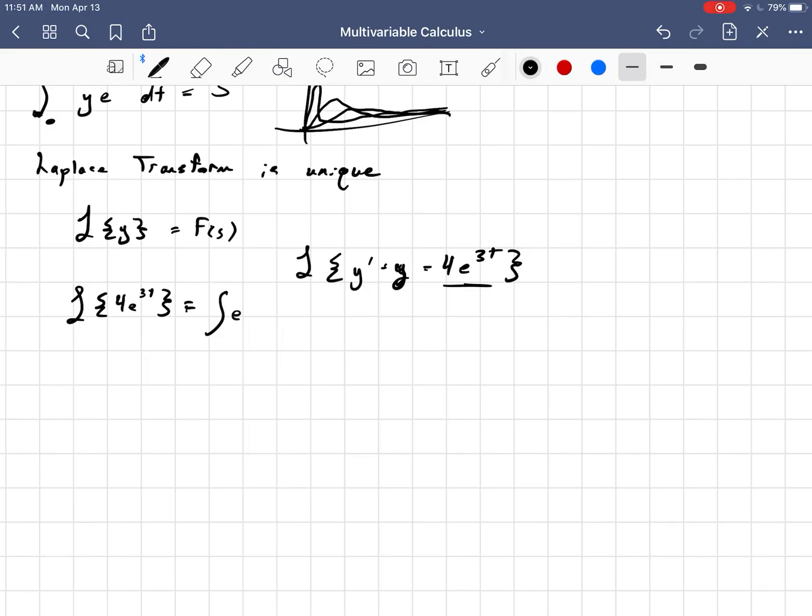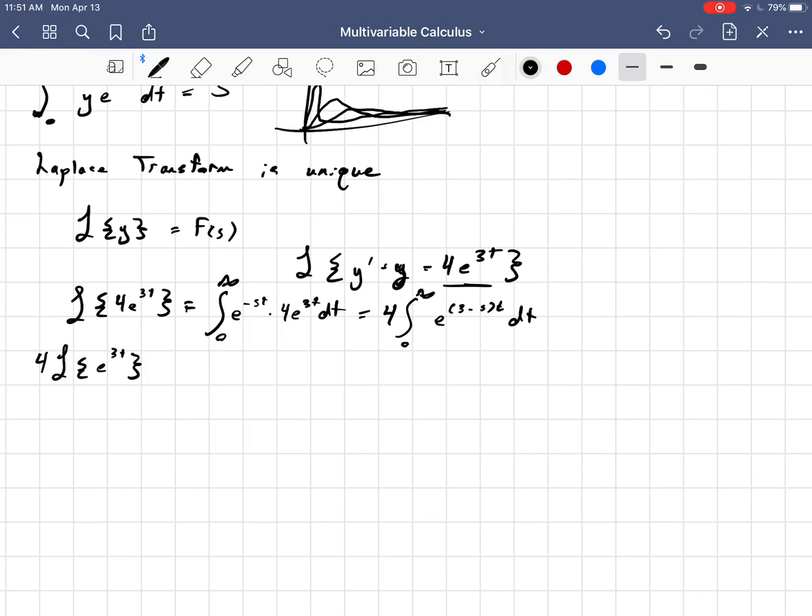So when we have 4 times, basically we're going to be getting that this is the integral of e to the negative st times 4e to the 3t dt, evaluated from 0 to infinity. But with integrals we can pull that constant out front and make it 4 times the integral from 0 to infinity of e to the 3 minus s t dt.